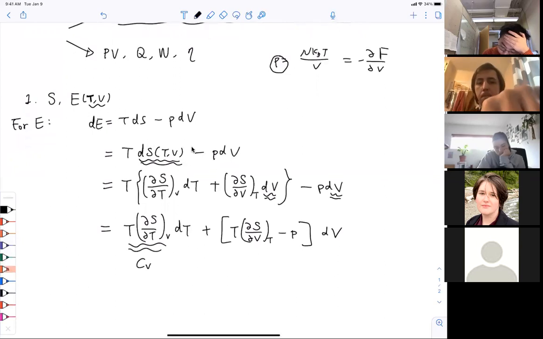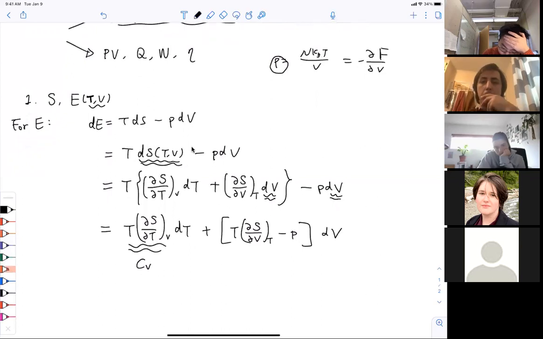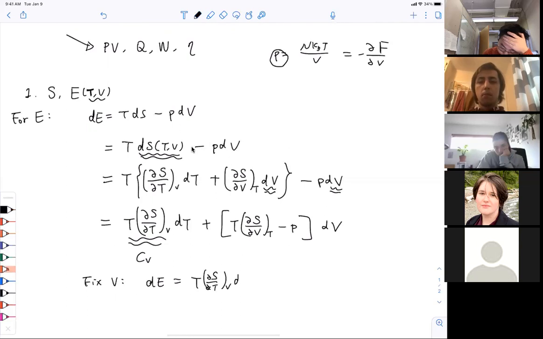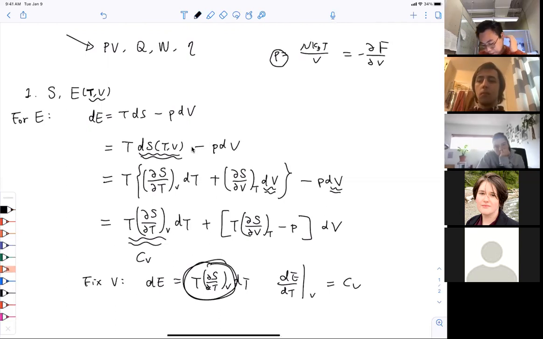CV, because if you fix V, you will get dE equal to T partial S partial T dT. So dE/dT at fixed V equal to this guy. This is nothing but CV, right?